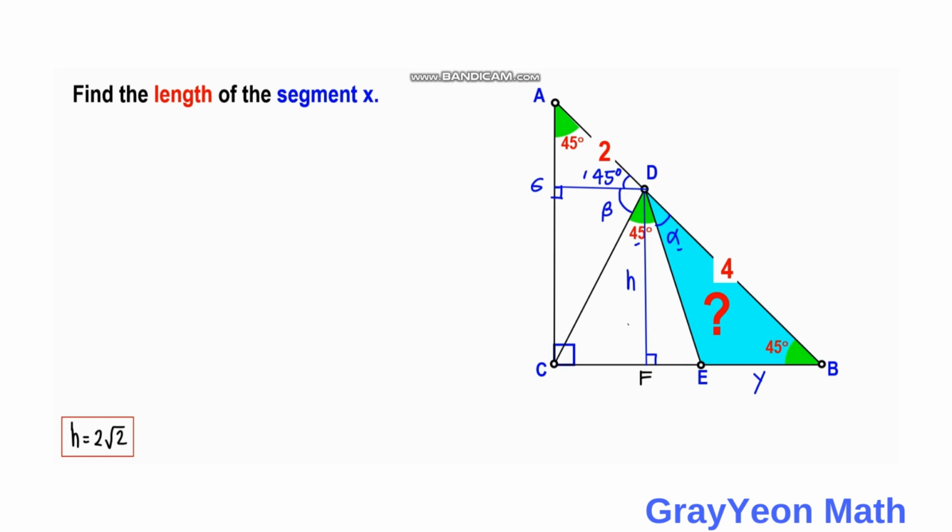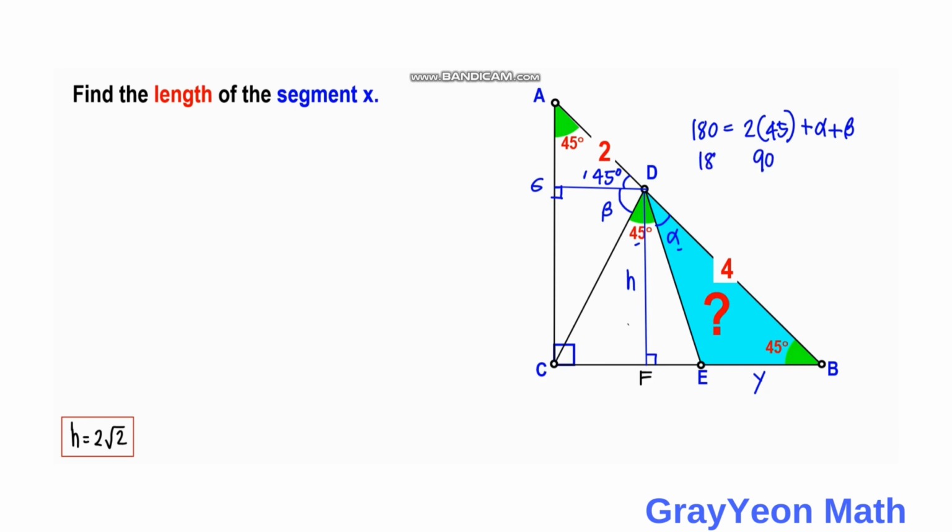As you can see, 180 is equal to 2 times 45 plus alpha plus beta. So this is 90.